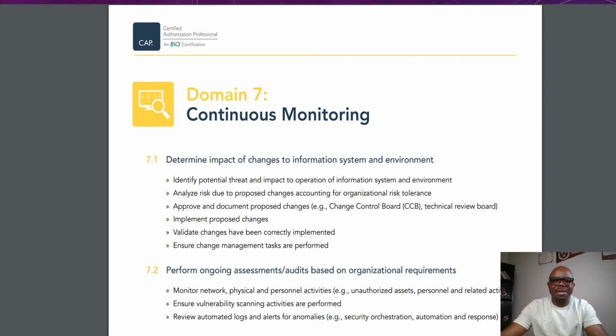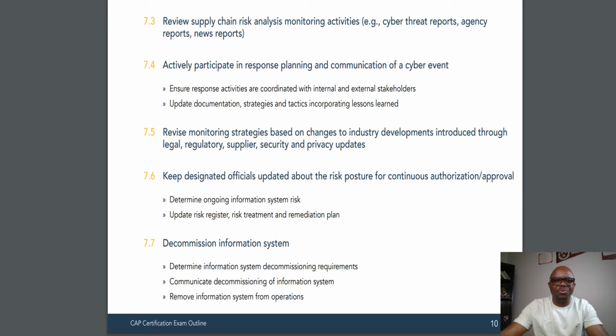So here it says determine impact of changes to information system and environment, perform ongoing assessment/audit based on organizational requirements, review supply chain risk analysis monitoring activities such as cyber threat reports, agency reports, news reports, actively participate in response planning and communication of cyber events, revise monitoring strategies based on changes to industry developments introduced through legal, regulatory, supplier, security, and privacy updates, keep designated officials updated about the risk posture for continuous authorization or approval, and then decommission information system.